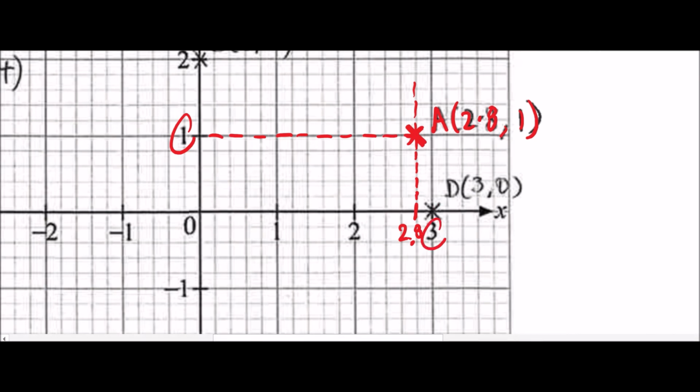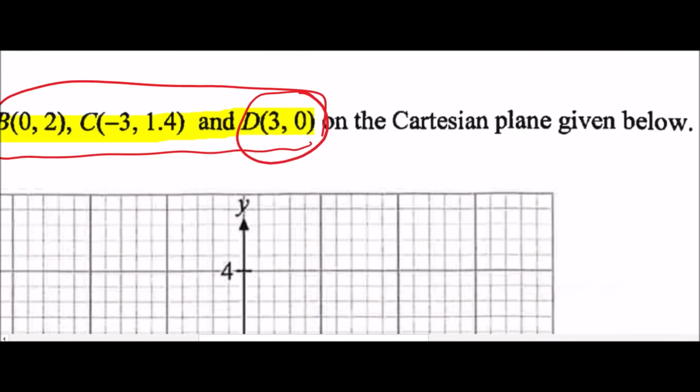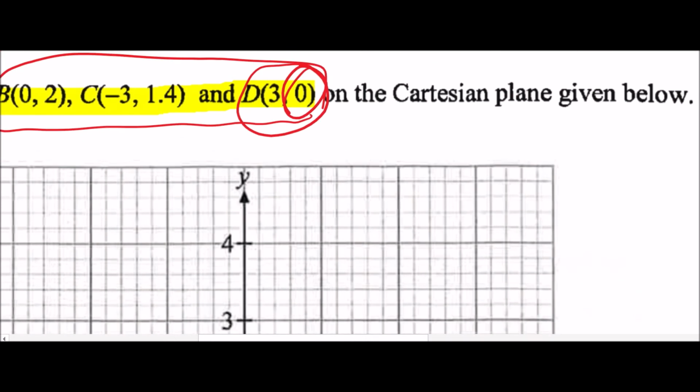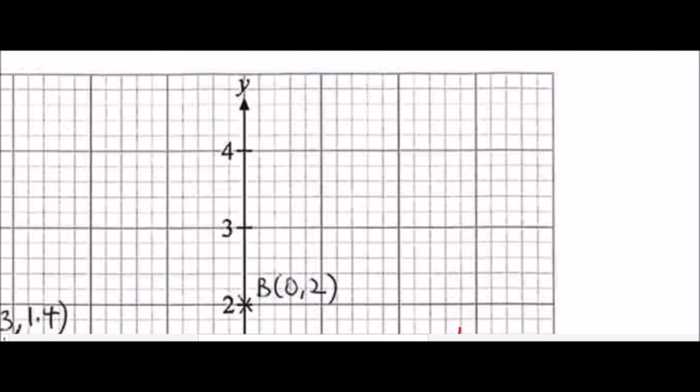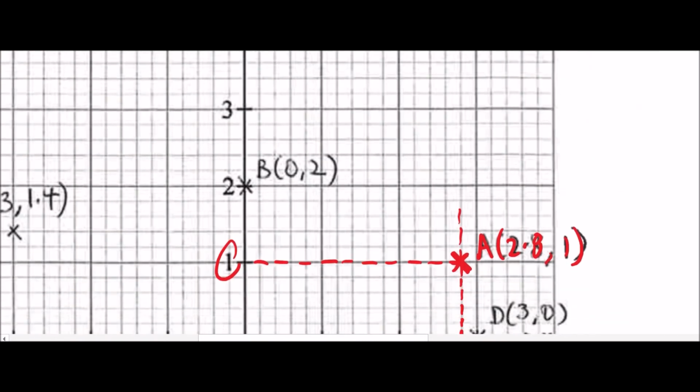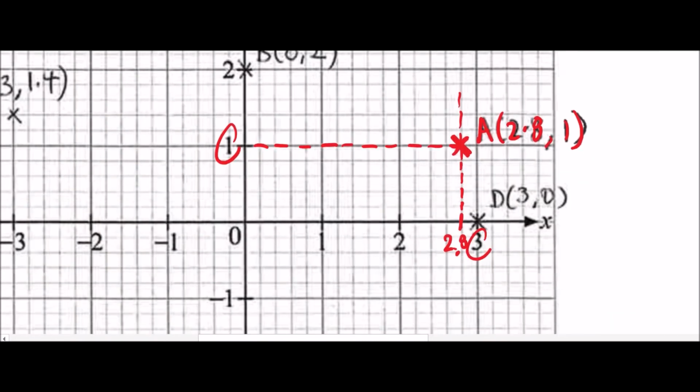And then I know that the y coordinate is 0. Oh, hang on. Where is y coordinate 0? Where is the dotted line that I should draw for y equals 0? If you go down the y-axis, you see that 0 is over here. So that means the dotted line is actually exactly along the x-axis.